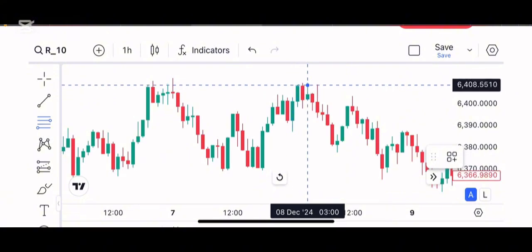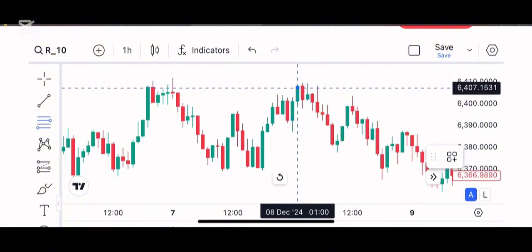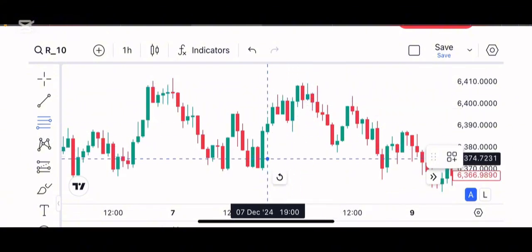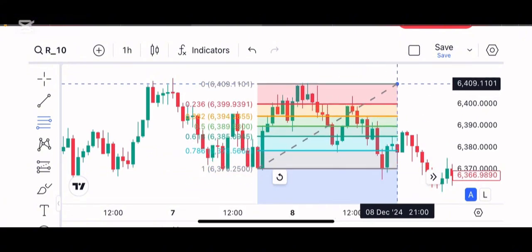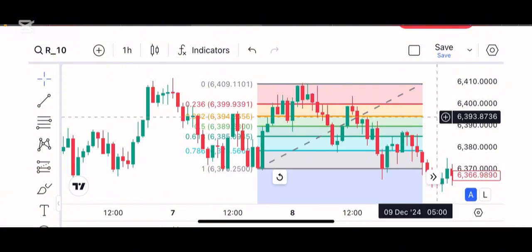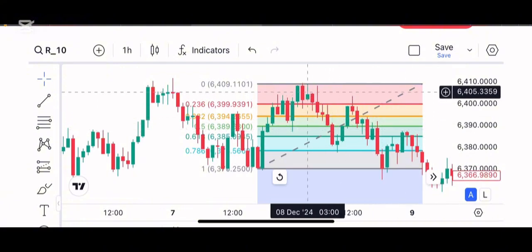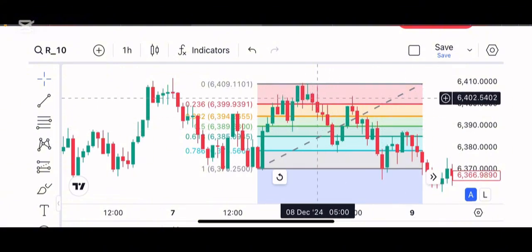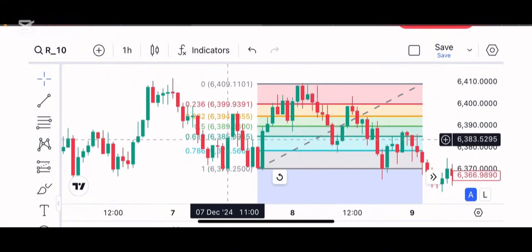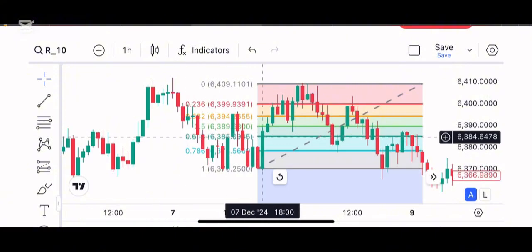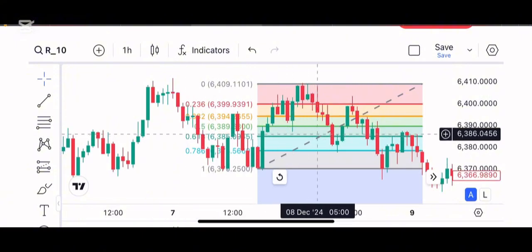So we made an entry on this leg. So to get our take profits, we are going to come here and draw another Fibonacci retracement, right? Retracement, not extension. We're going to draw another Fibonacci retracement, and as the price is coming down, we will take our take profits at the 61.8 Fibonacci. So this particular zone here is where we'll be able to take our profit.